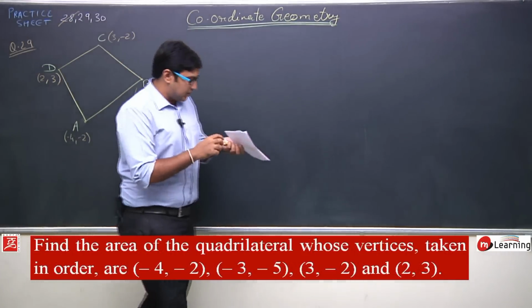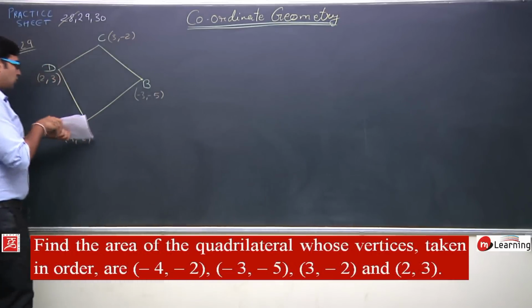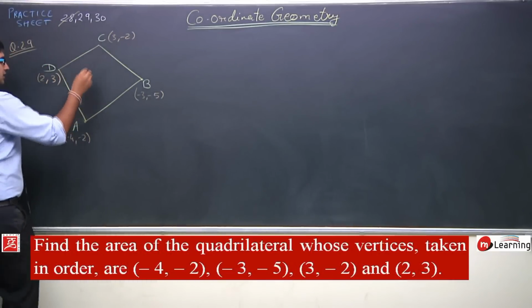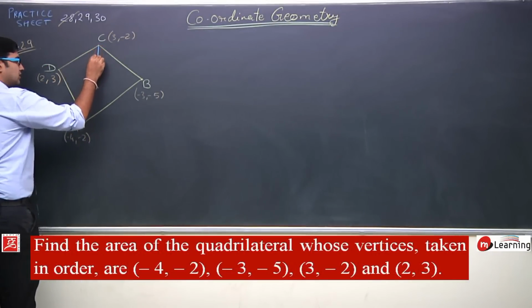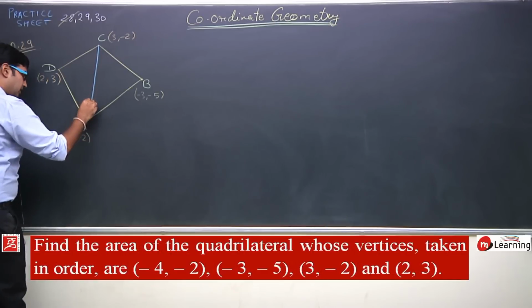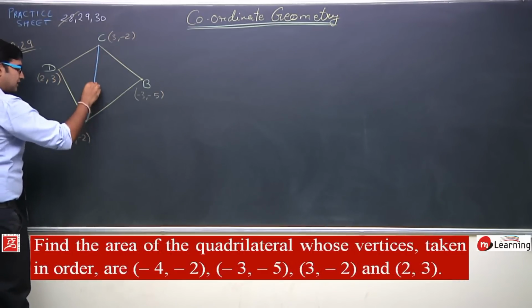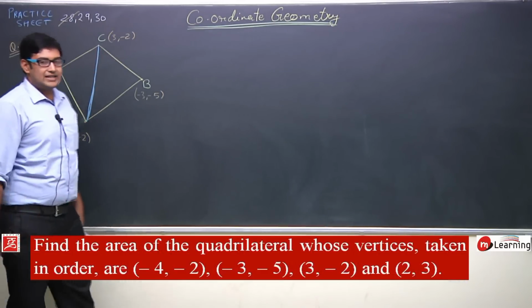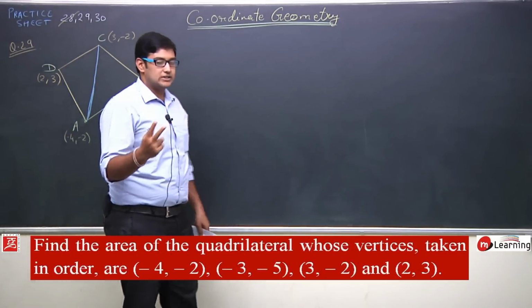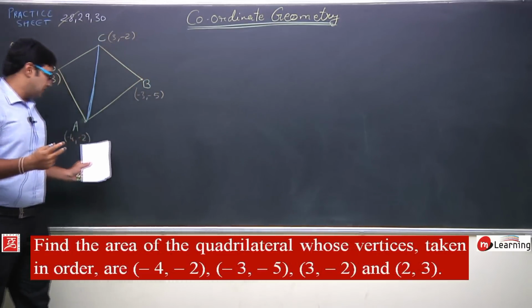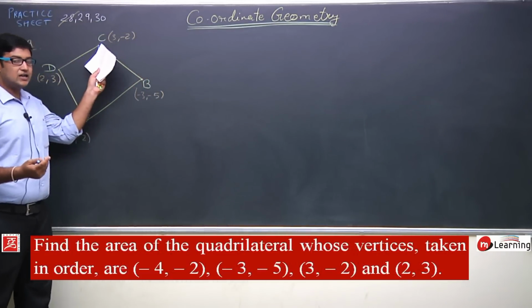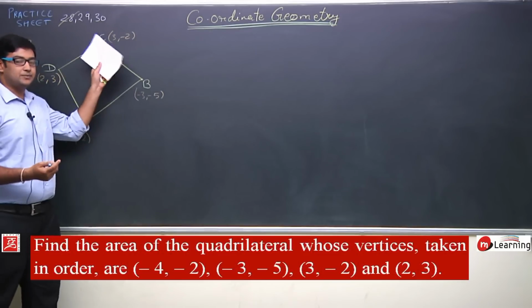But just think about it, if I draw a line which joins A point and C point, that is, if I draw a diagonal AC, I can see that I have two triangles. One triangle is ADC and another one is ABC.